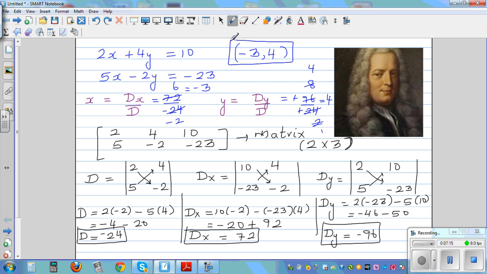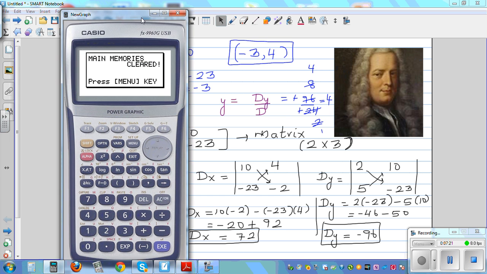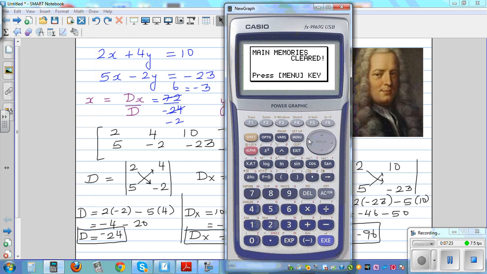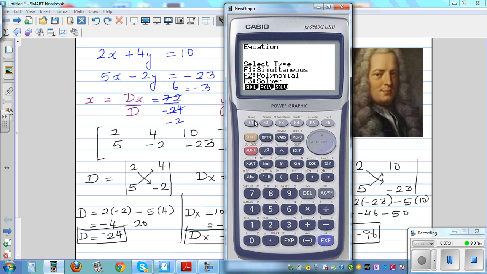Now just to show you how the calculator works, it is based on determinants. That's why this is very useful later on. Those who want to do maths later on, that's how the calculator works the equation. If you go to simultaneous and if you type in 2, so this is a system of 2 linear equations.